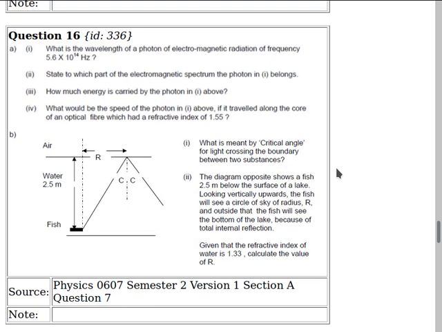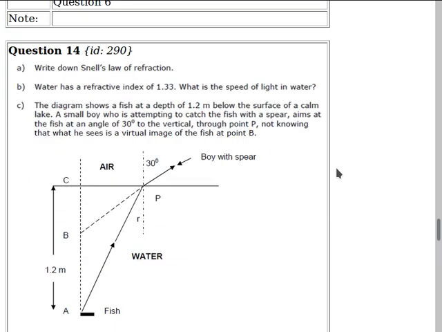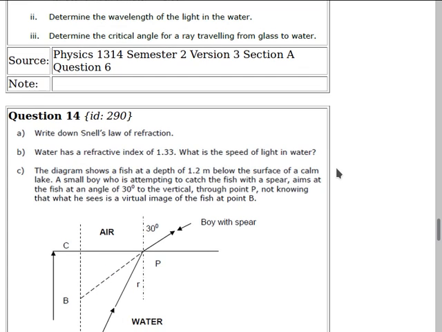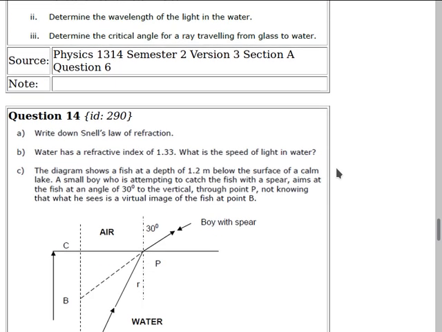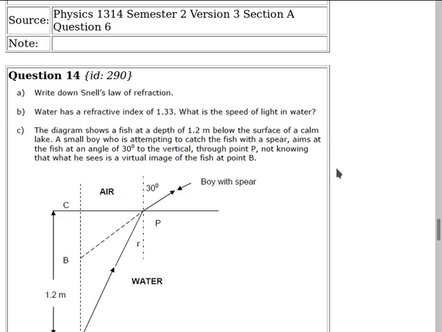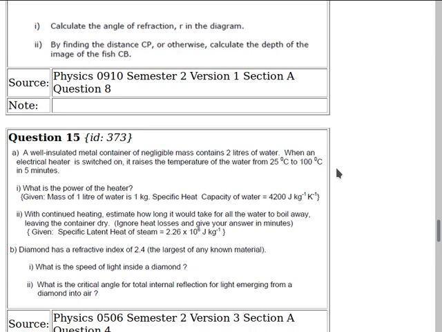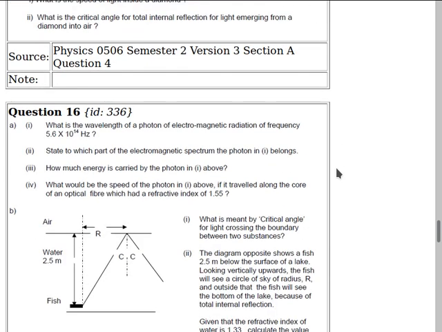So you haven't done that one. Does that mean the rest are all not applicable? Wait, 290, maybe we can. 373. We can't do all of question 16.